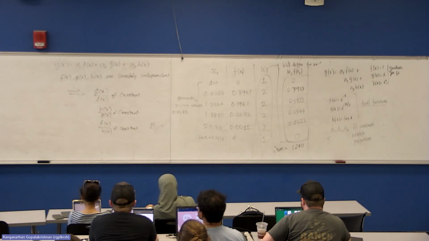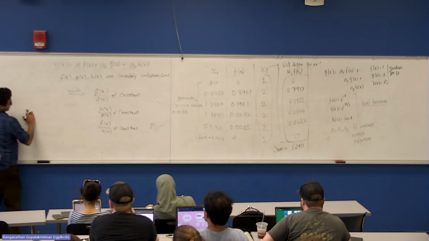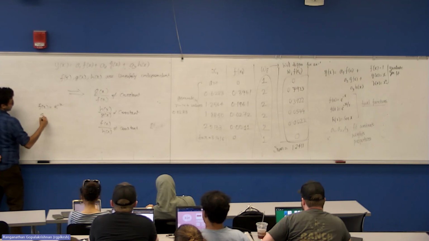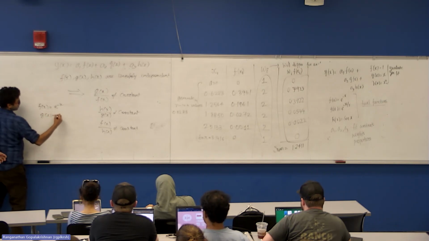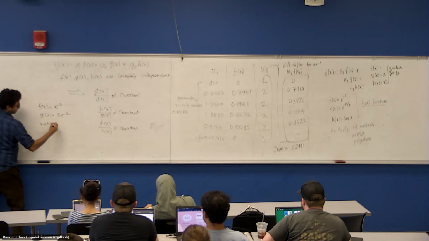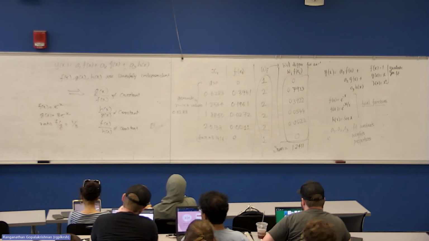What if it is a constant? What if this ratio is a constant? Or in other words, if let's say f of x is e power minus x and g of x is 3 e power minus x, their ratio f over g is just 1 over 3. So what does that mean?